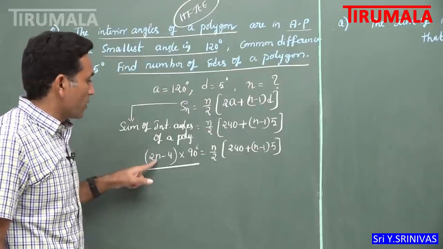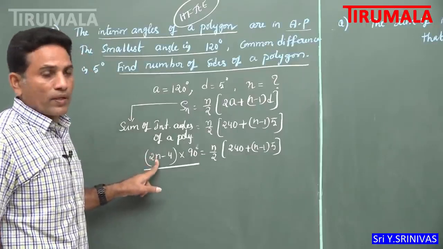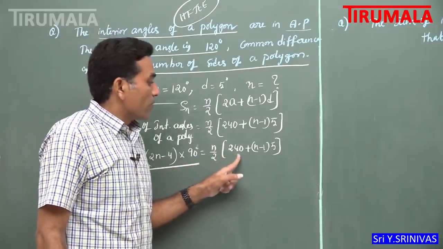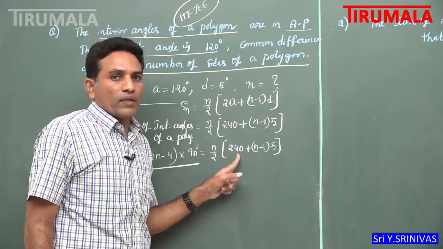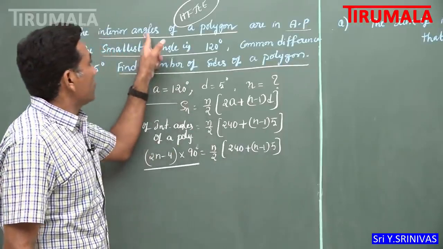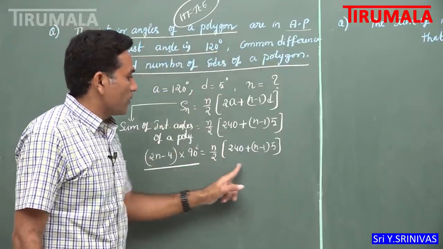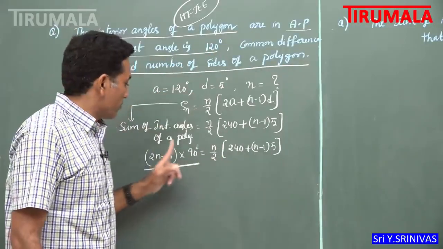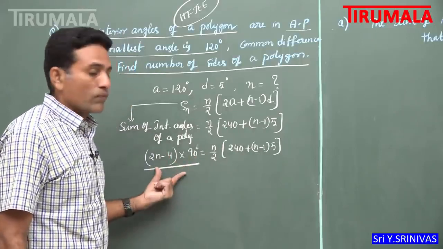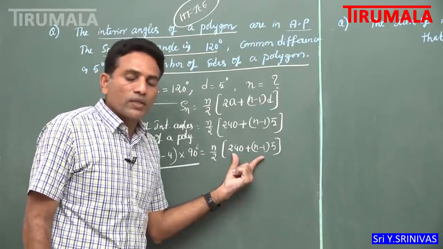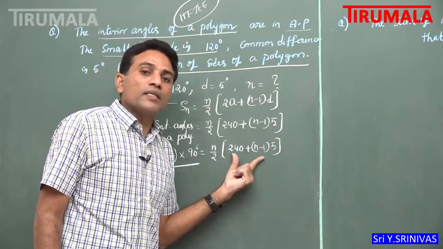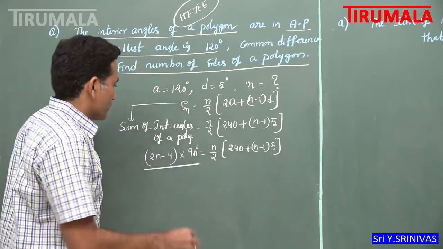It is a direct formula from geometry. The other is the formula based on the sum of n terms of AP. Here the angles follow an arithmetic progression, that's why we use it. Both are equal.